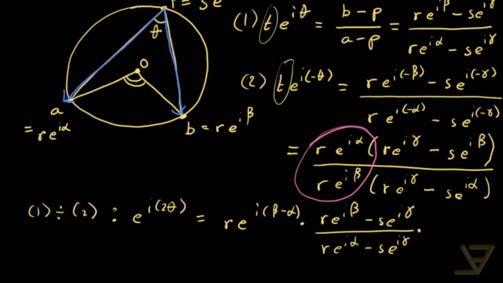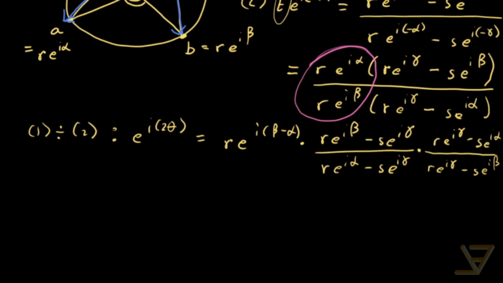And then we're going to be multiplying by r e to the i gamma minus s e to the i alpha divided by r e to the i gamma minus s e to the i beta.